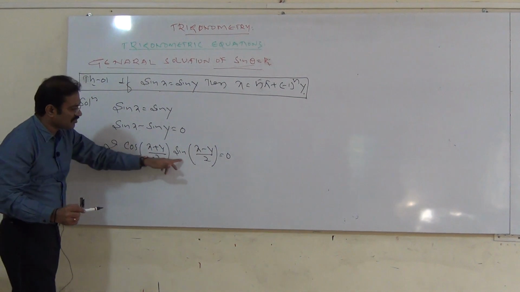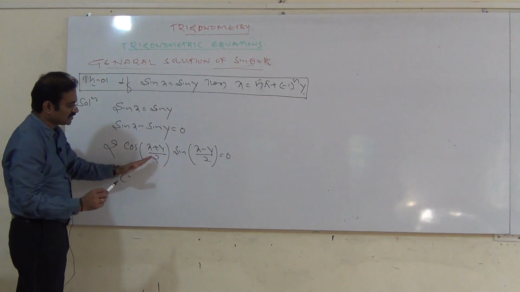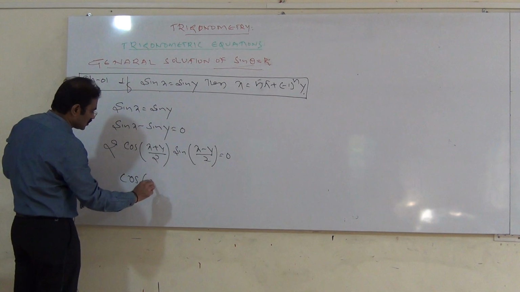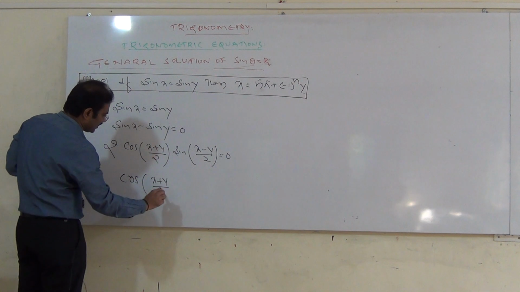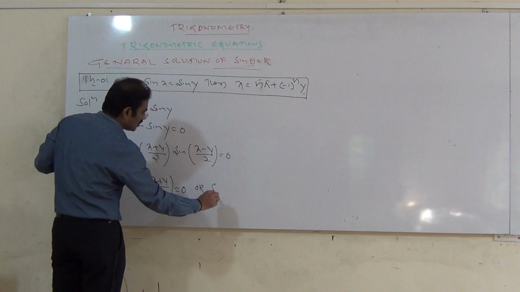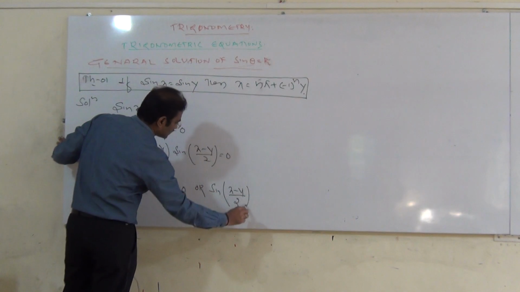A product of numbers is equal to 0 means this may be 0 or this may be 0. 2 cannot be equal to 0. Therefore, cos of (x plus y) by 2 is equal to 0, or sin of (x minus y) by 2 is equal to 0.